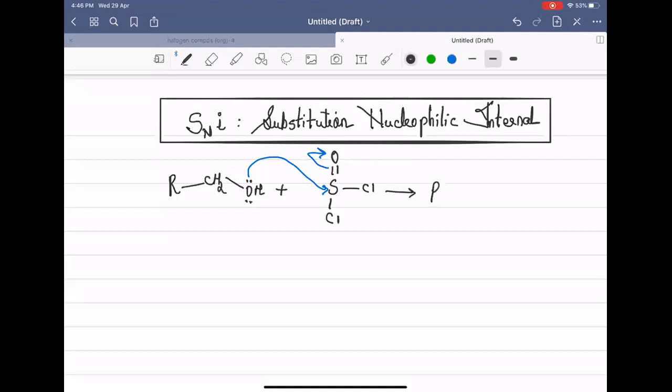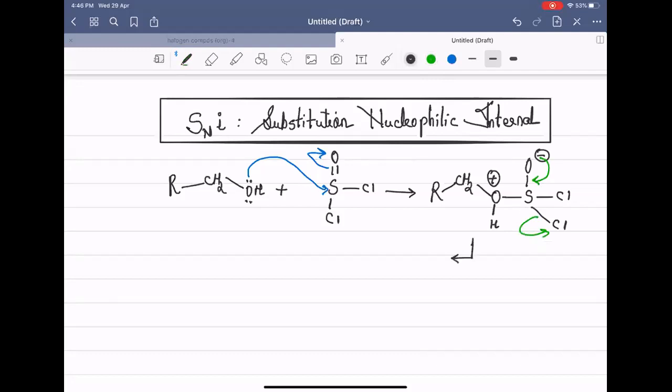And you have R CH2 OH plus, and then we have this S, O minus. The pi bond always collapses first. And then we have this Cl. Very quickly, in one step, I can show you: this always comes back and reforms the pi bond, and then there is this chlorine moving out.